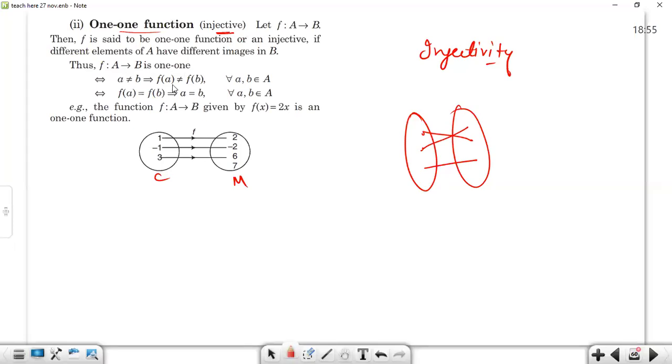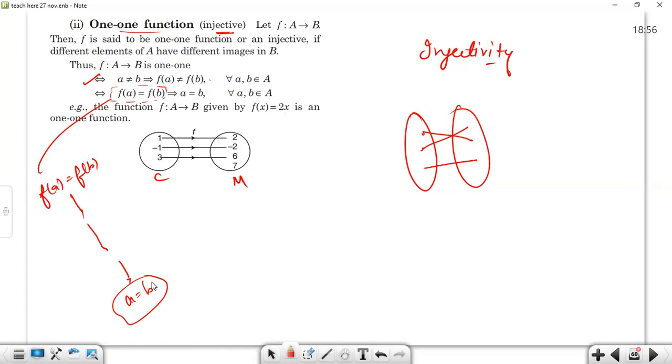Now for checking a one-one function, if a is not equal to b, if two inputs are not equal, then their outputs should not be equal. This is one condition. In NCERT we assume f(a) equals f(b), and if after solving this equation it turns out that a equals b, then we may call the given function one-one.